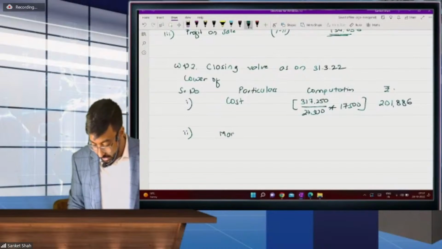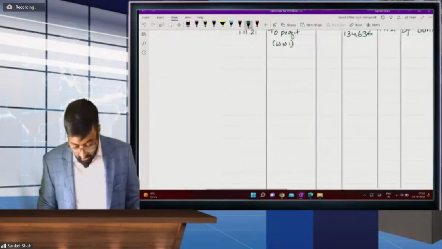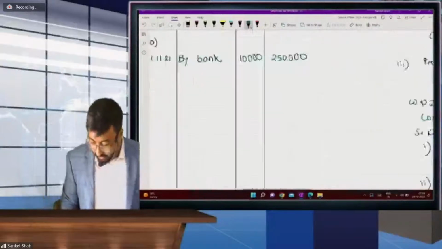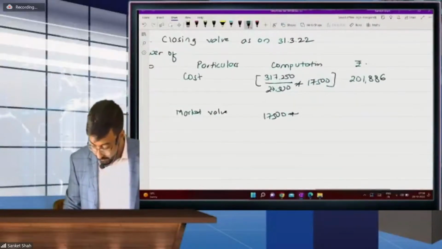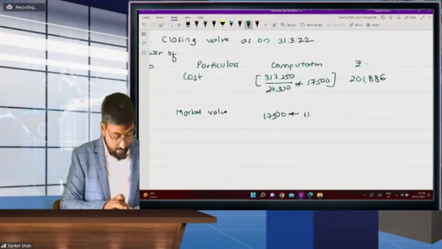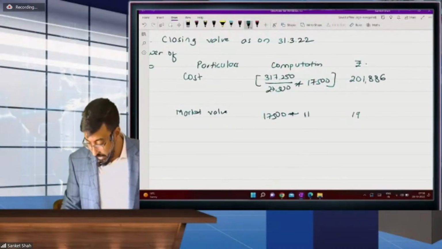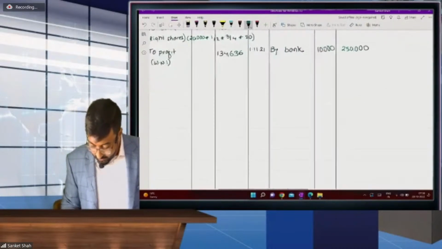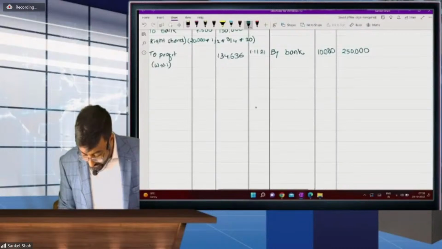And market value: 17,500 into market value of rupees 11 per share is 192,500. Market value is lower. So after 3 lines, balance carried down.